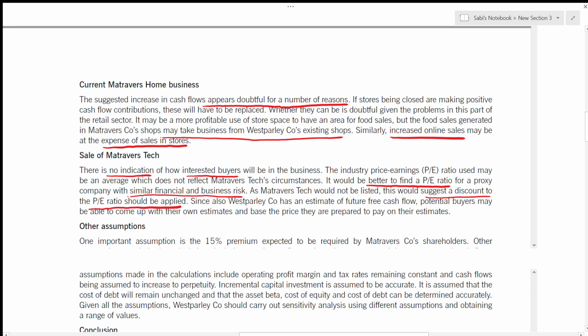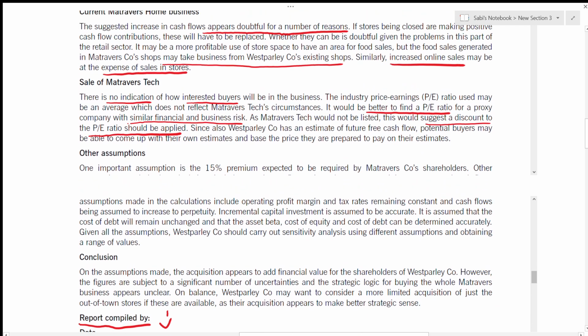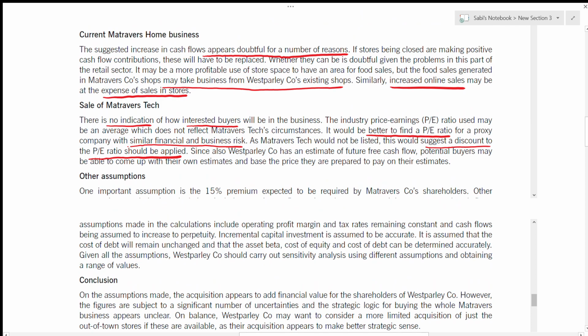What does it mean? It means that a PE ratio of an unlisted company will always be less than the PE ratio of a listed company. PE ratio is 18 in this case, but if it's unlisted, it will be less than 18. That's what it means by a discount to the PE ratio if it's not listed.